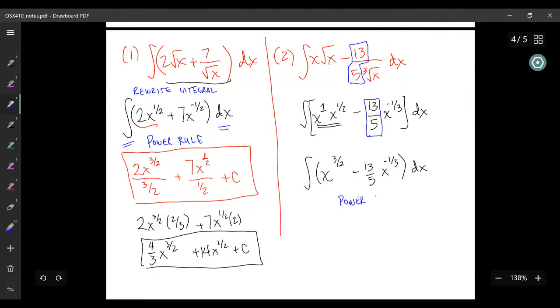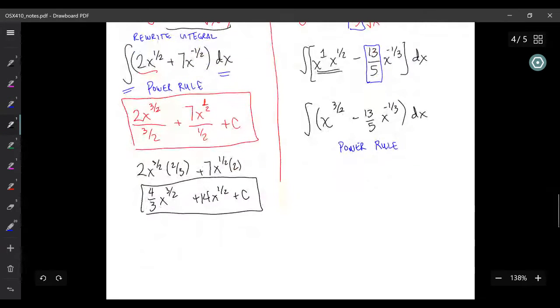This is the integration power rule. The antiderivative of x to the 3 halves is x to the 5 halves; add 1 to the exponent. Negative 1/3 plus 1 is a positive 2/3. Don't forget the plus c.